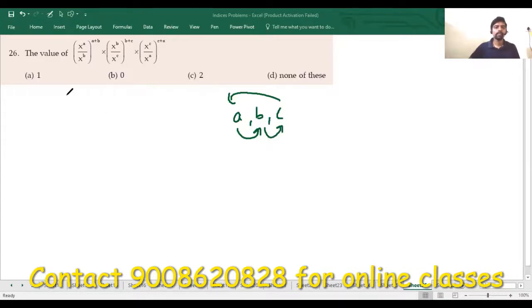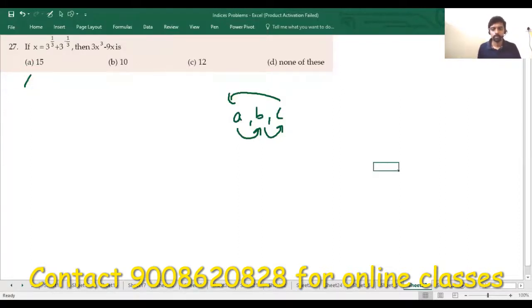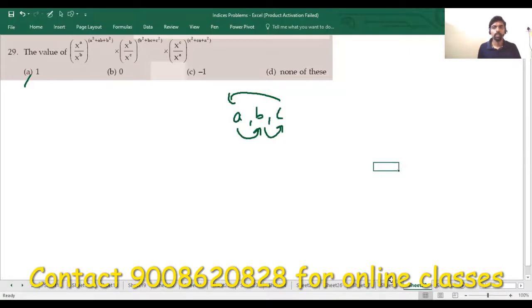So again this is in cyclic symmetry. The answer will be 1. Then question number 29. See, question number 29 is cyclic symmetry. Again the answer will be 1.